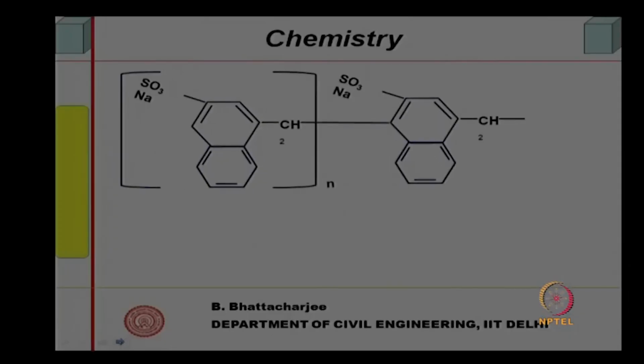Let us see the chemical structure of it. This is the naphthalene structure, and this is the sulfonated SO3 with the sodium, and then this is polymerized, n number of them will repeat.